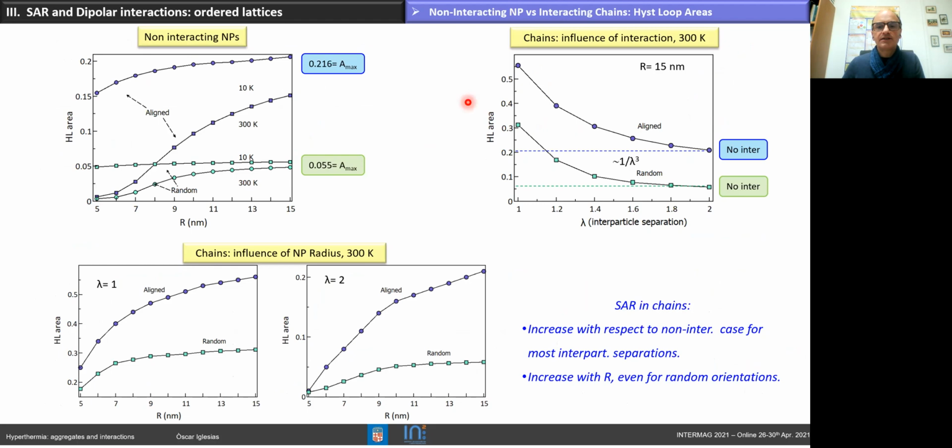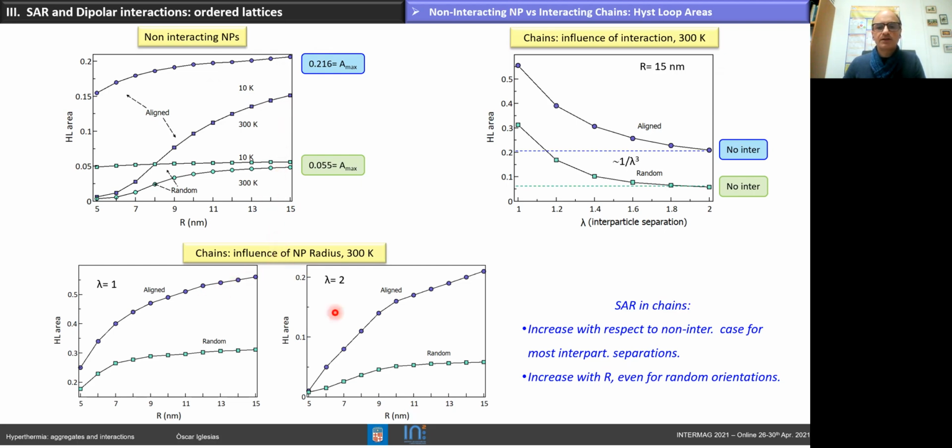We can plot the hysteresis loop area as a function of the interparticle separation for the chains at room temperature, and we see that the hysteresis loop area lies far above, independently of the orientation of the easy axis, the value obtained for non-interacting particles of the same size, as you can see here.